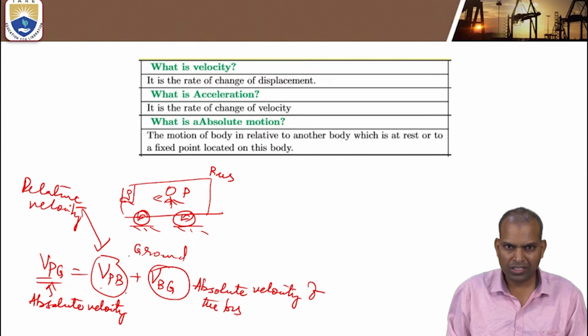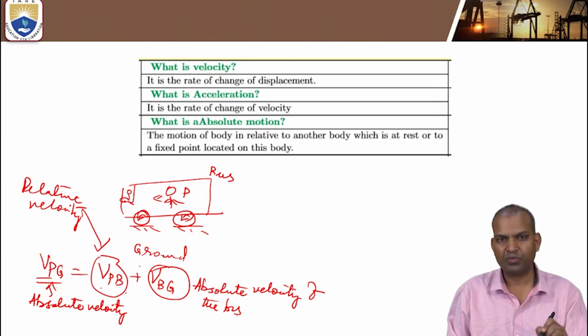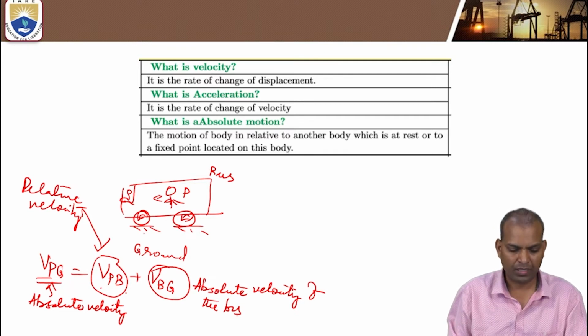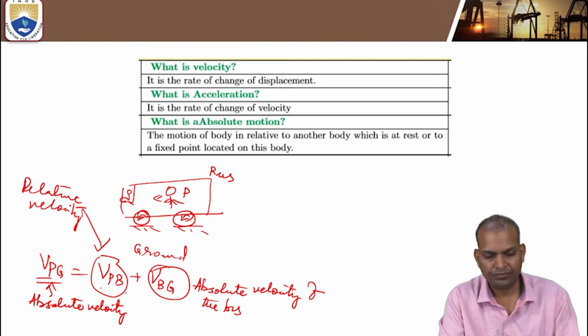And relative velocity is not with respect to the ground, but with respect to the immediate body on which the travel is happening. That is one example.